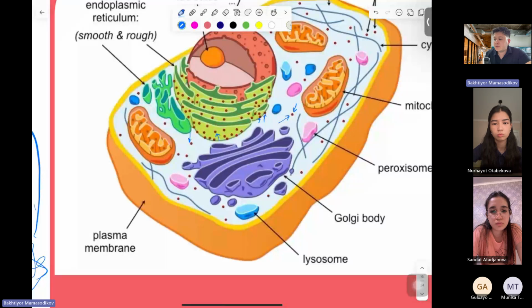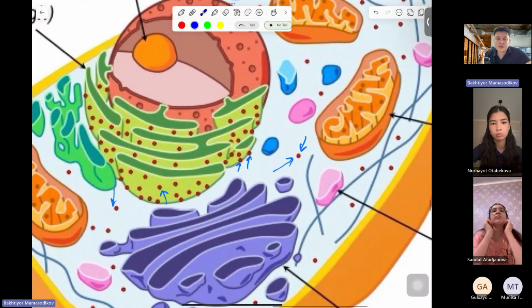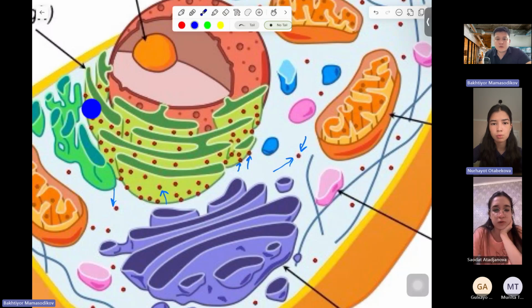And we have the rough endoplasmic reticulum. What can you see on the surface of the rough endoplasmic reticulum? Ribosomes. Yes, we can see the ribosomes.